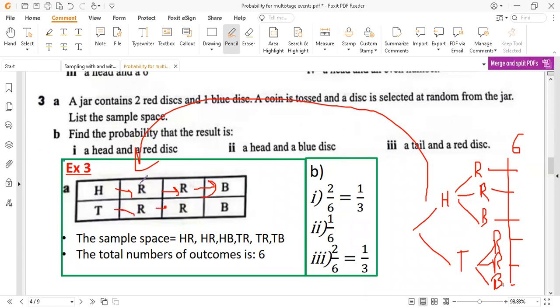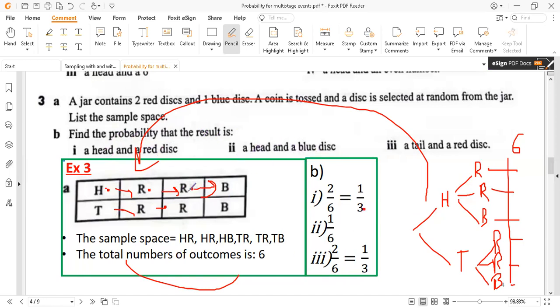The outcomes in the sample space are HR, HR, HB, TR, TR, TB. The total number of outcomes is 6. They also ask to find the probability that the result is a head and a red disc. We are interested in head and red disc, so 2/6, after simplification 1/3.